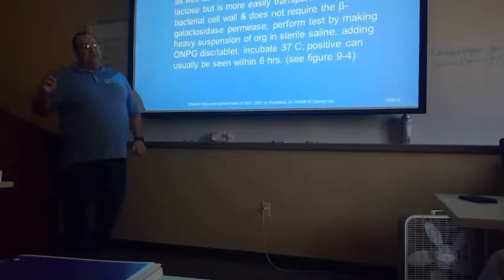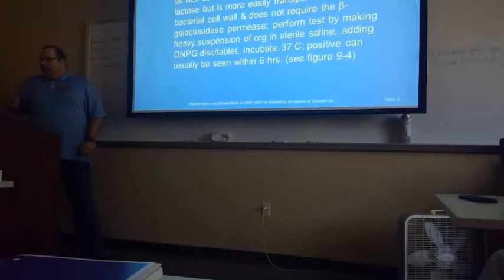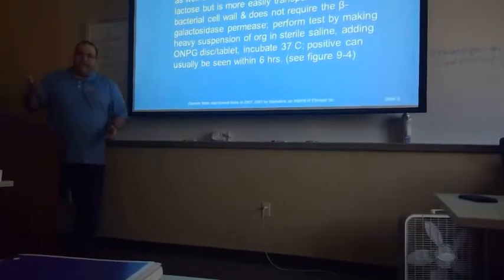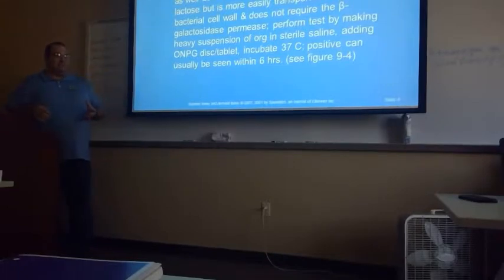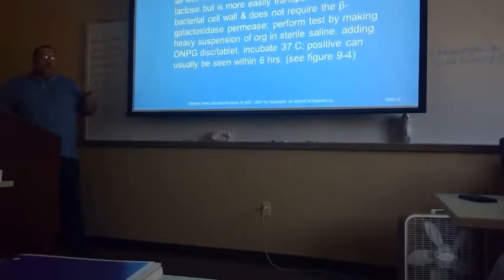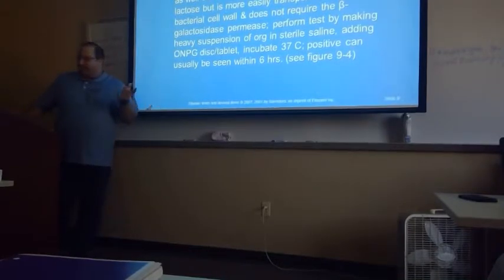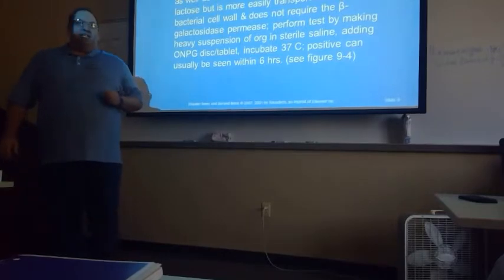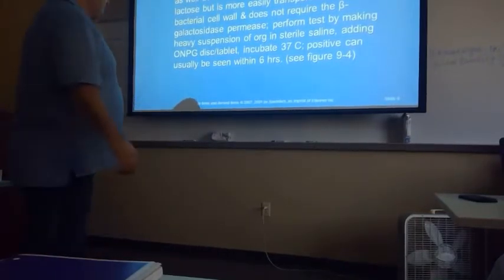It looks like a little white aspirin. You'll put the organism you're trying to test into a heavy suspension of saline where it's cloudy. Then you add that to the disc or the tablet, whichever the case may be, and incubate it at 37 degrees. Usually within 6 hours, you'll see a positive result.